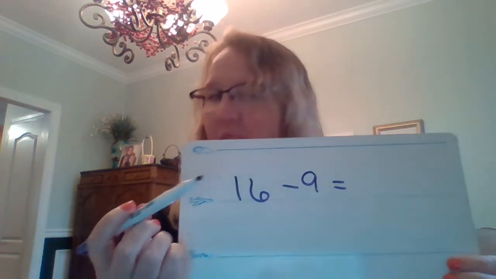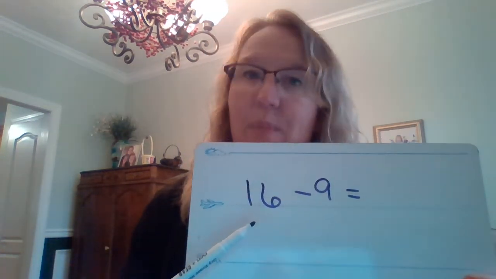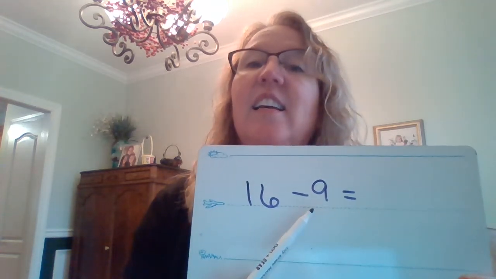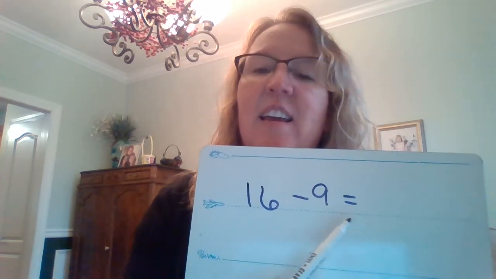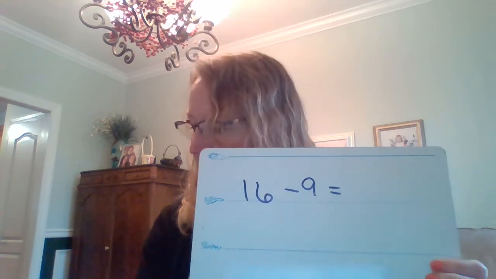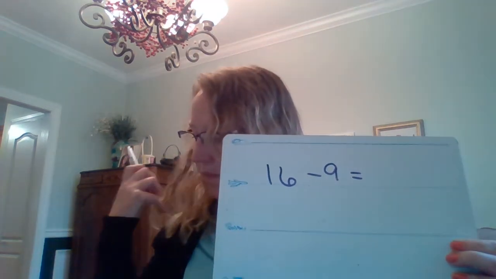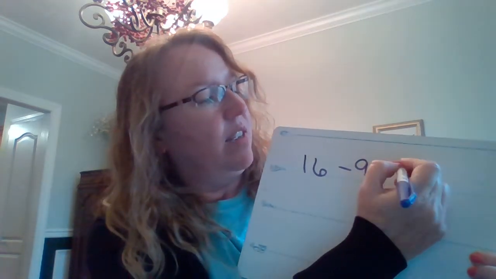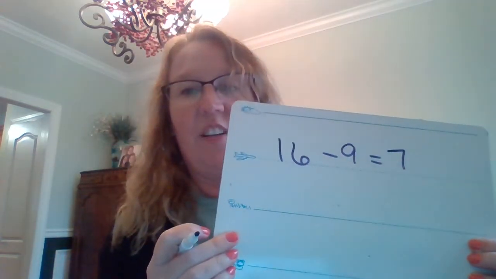Now, 16 is the amount we started with, what Maria first had in her bag. 9 is the amount that fell out of her bag. And then we're going to solve for the amount that she still has, okay? So it's 16 minus 9, and then we found out that that does equal 7.